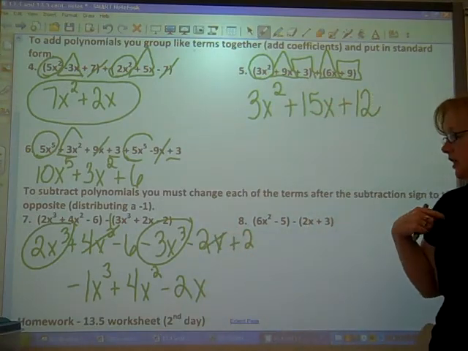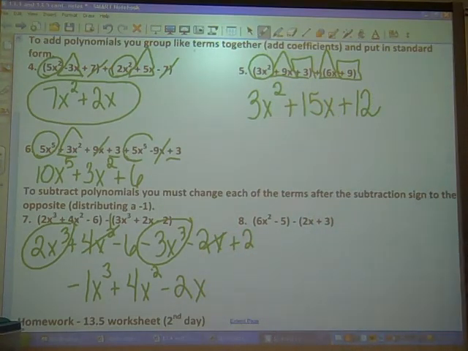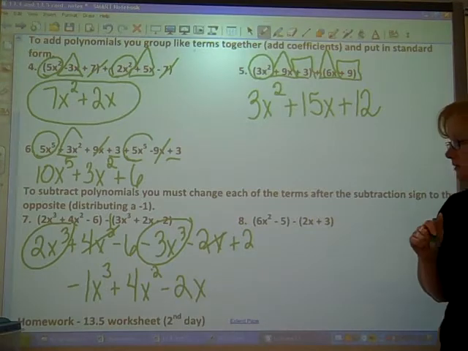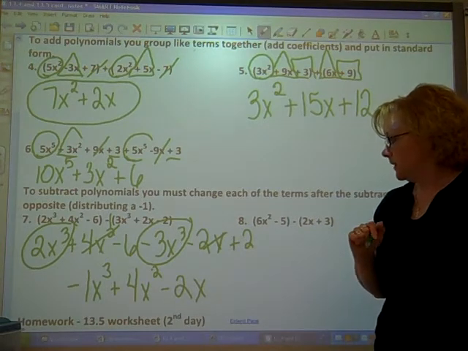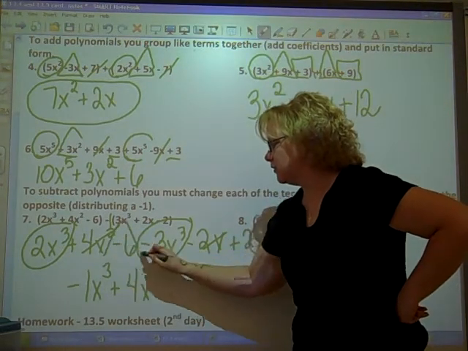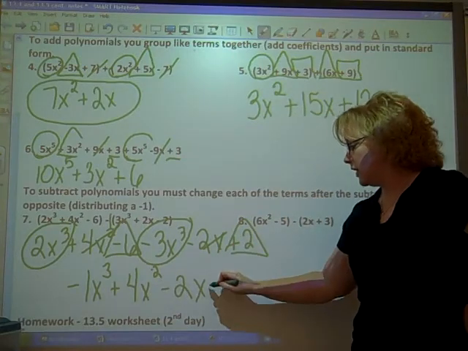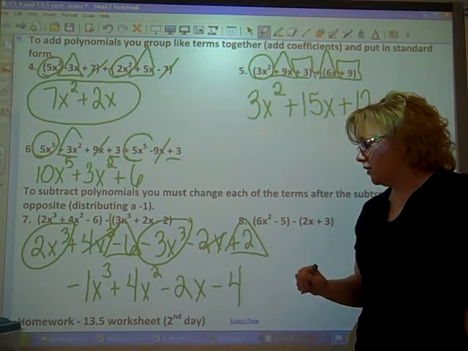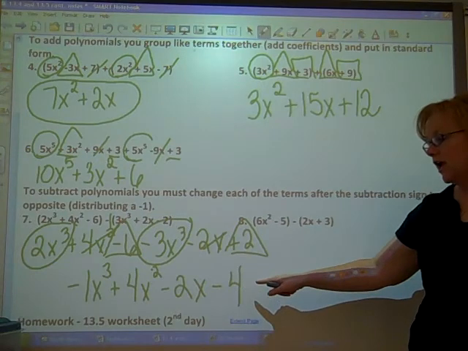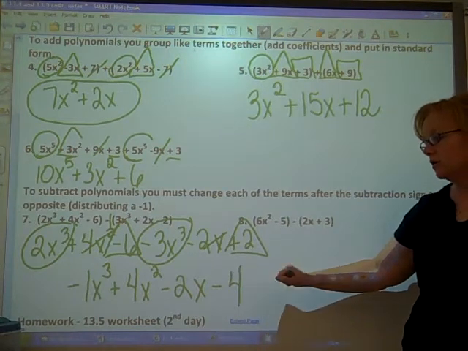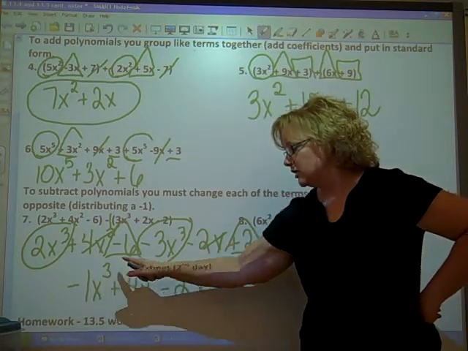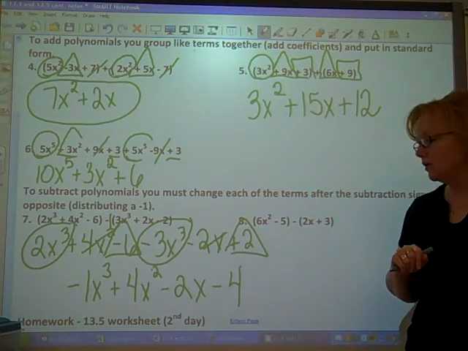And then lastly, what am I going to do? What's the last thing that I'm going to do, Wes? Add the 2 and the negative 6. Okay, so 2 and negative 6 gives me what? Negative 4. Okay, so minus 4. I look through, I make sure that I don't have any like terms anymore. I don't. And I also make sure it's in descending order, and it is.